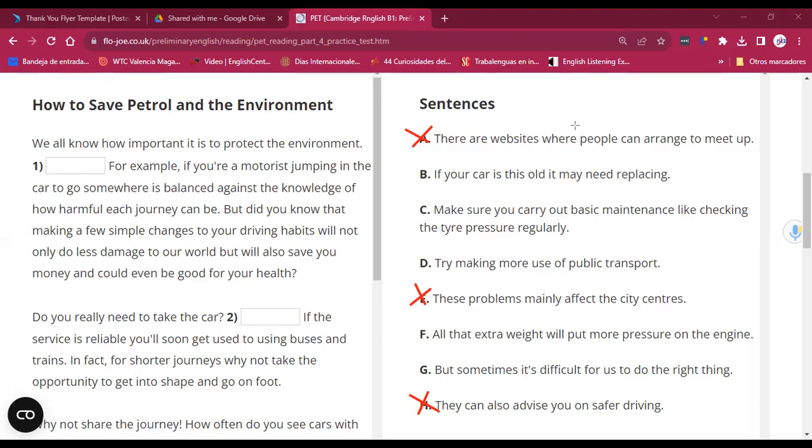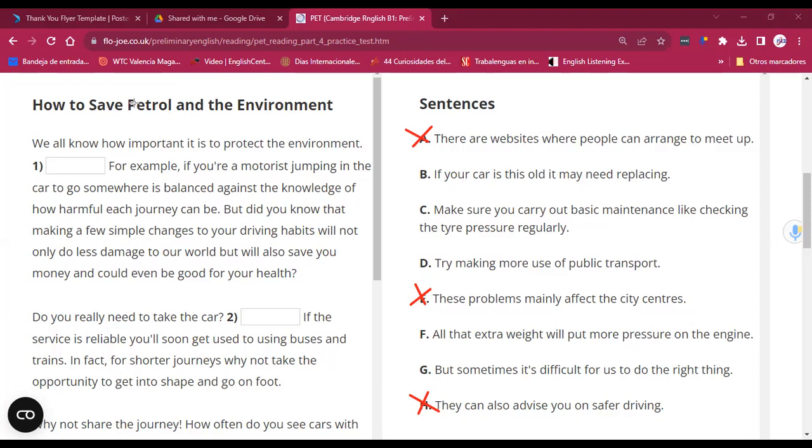Read the text. We all know how important it is to protect the environment, and tell me which one would be the answer. Let's see, right? Not A, not E, not H. Which one do you think is the one? Check each sentence and see if it fits the idea.